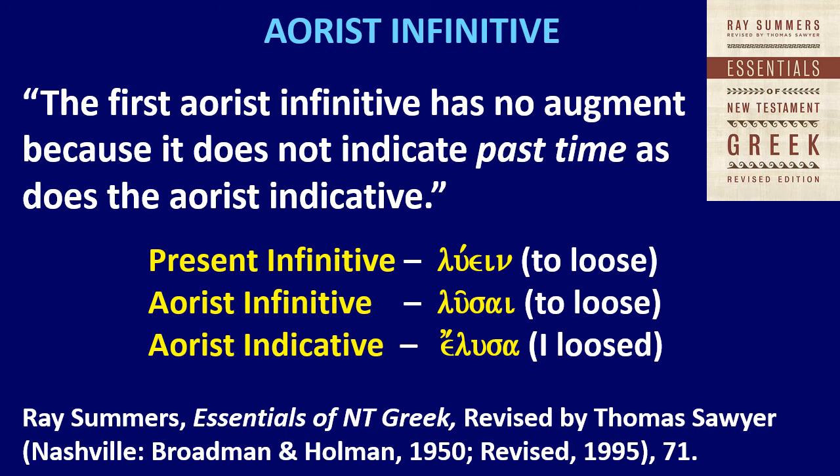Now, why is the augment added for the indicative, but it's not part of the aorist infinitive? That's because infinitives don't necessarily have a relation to time. They can be used for any time at all. But frankly, so can an aorist indicative in a particular context. But most often, you will see normally that aorist indicative is used in context dealing with past time.